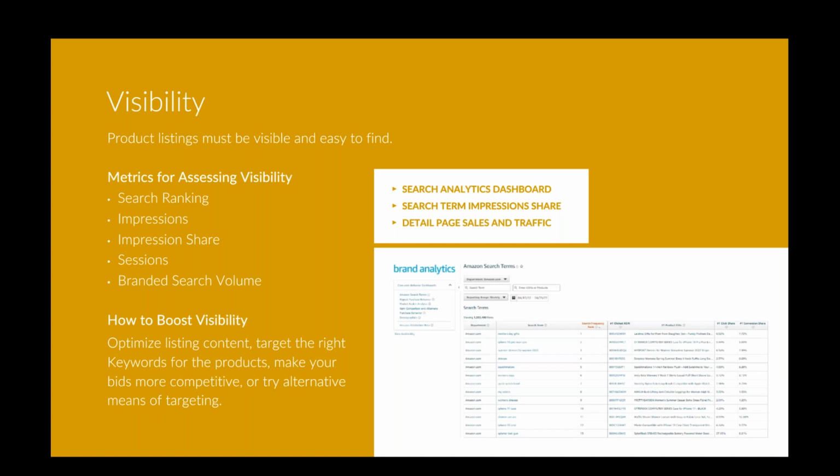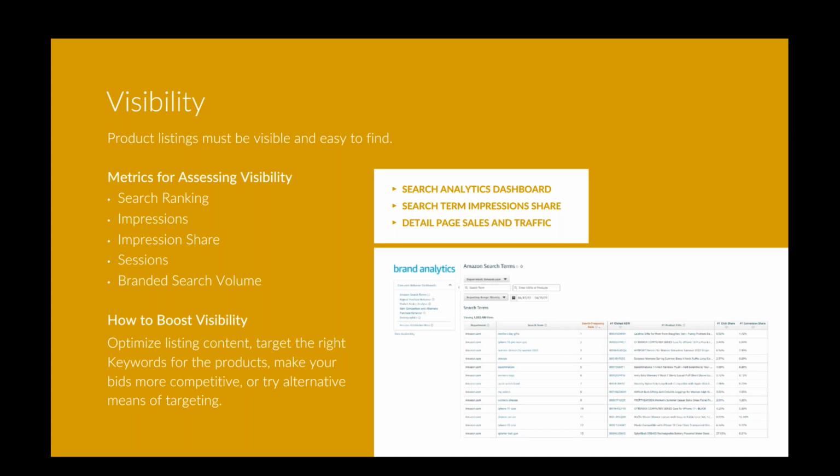So there's a couple different things that we can do that we'll cover throughout this presentation to talk about how we can improve both our listings and our advertising to address some of the metrics and how things might be trending along the way.